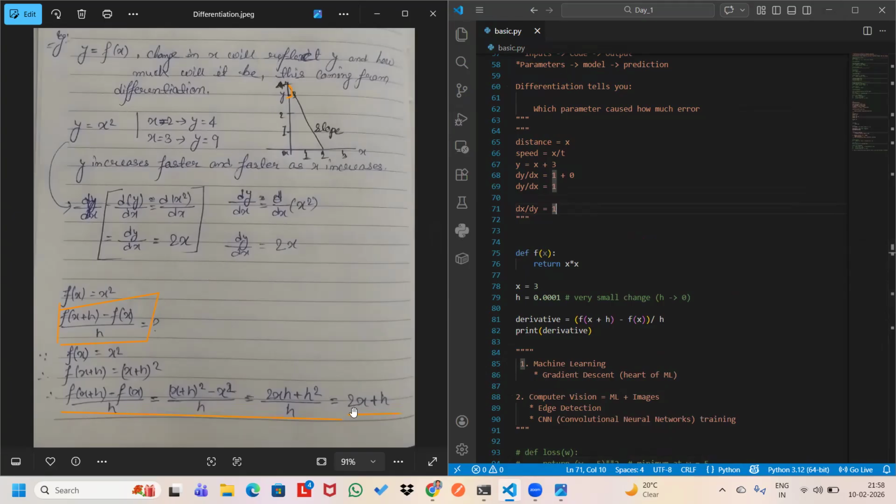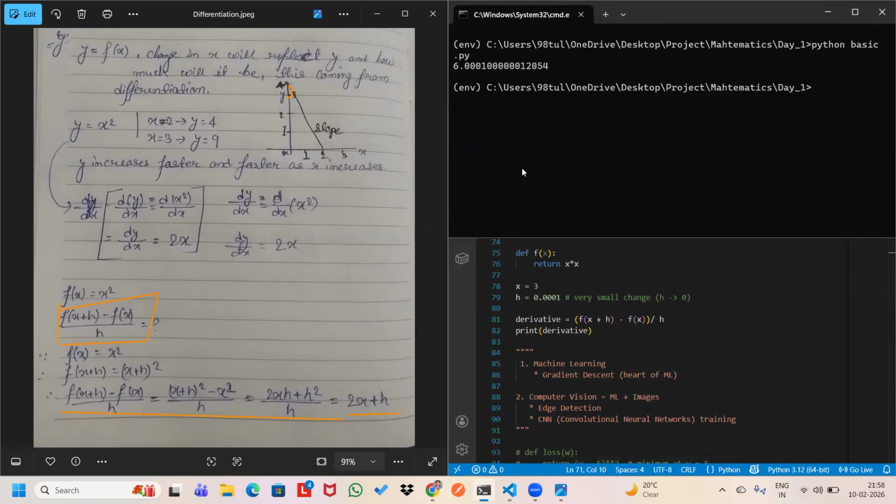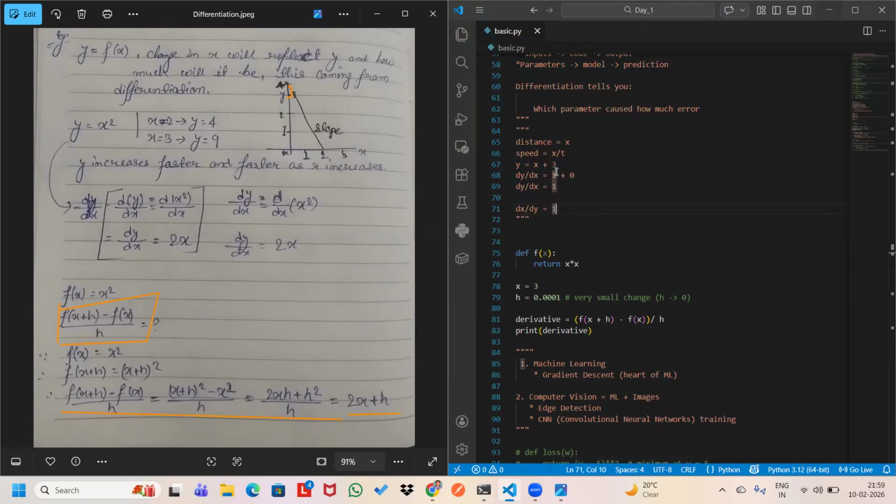If I put x equals 3 over here, then it will be 6, since 2 into 3 is 6, and the value of h is 0.001. So it will be simply 6.001. And what is our value? It is 6 point, yes, you can see 0.001. So this is the same answer you are going to get.